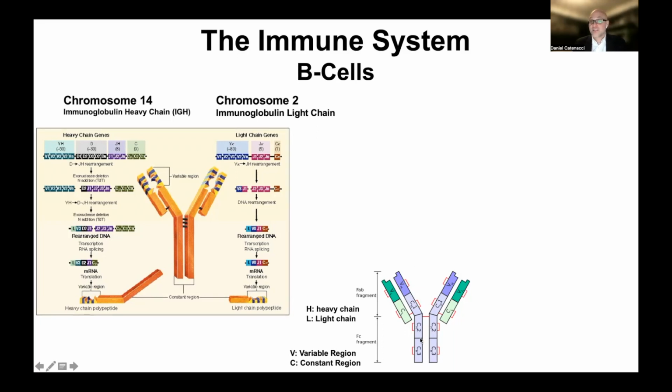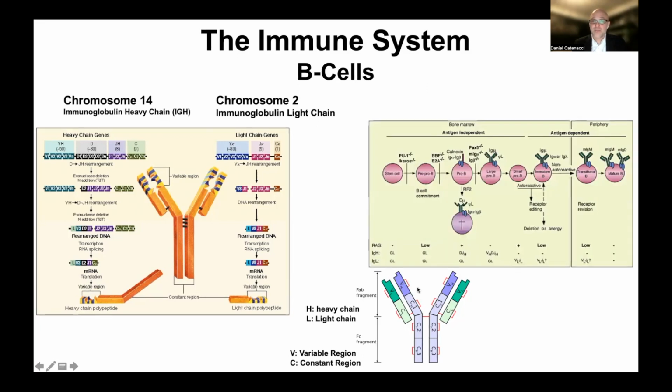And so again, this is important because it leads to such profound diversity of the antibodies and what they can recognize. And so, similar to T cells, they start in the bone marrow, and much of their selection, as opposed to T cells in the thymus, is in the bone marrow, and some of which occurs later in the periphery as it's floating around in the bloodstream.